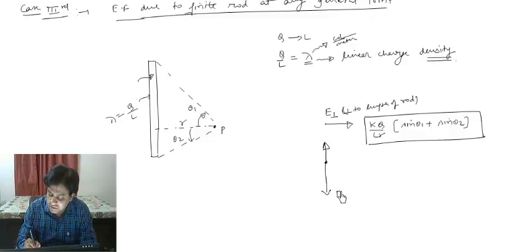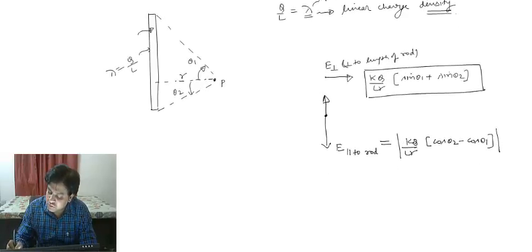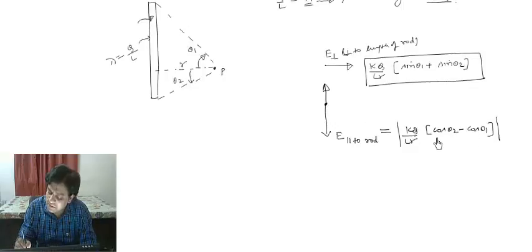This component is called E parallel to rod. ये जो रॉड के पैरेलल वाला कंपोनेंट है, इसकी वैल्यू भी बिल्कुल इसी तरीके से ऑब्टेन की जा सकती है, के क्यू बाय एल आर कॉस थीटा 2 माइनस कॉस थीटा 1. मैं यहाँ पर मॉड लगा दे रहा हूँ, जिससे डायरेक्शन का माइनस सीधी यहाँ पर आएगा भी, आप उल्टा भी कर देते हैं, मान लीजिए आप रिवर्स कर देते हैं, कॉस थीटा 1 माइनस कॉस थीटा 2 कर देते हैं, तो बस एक माइनस साइन आपको नजर आएगा.